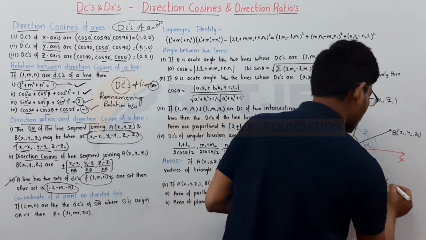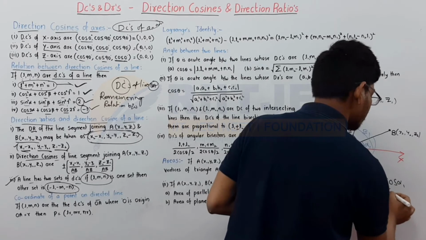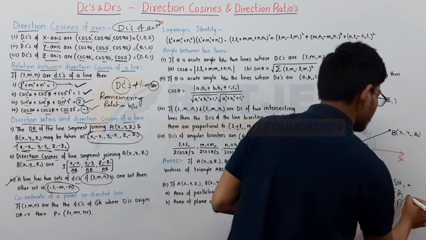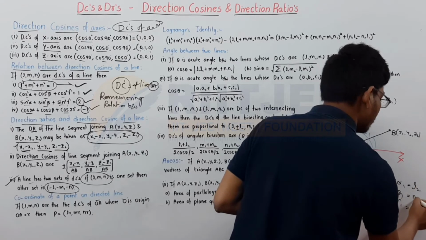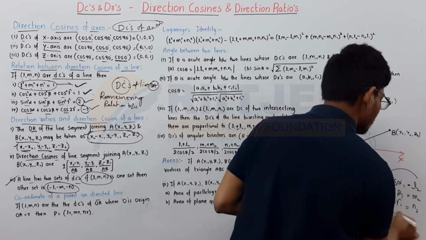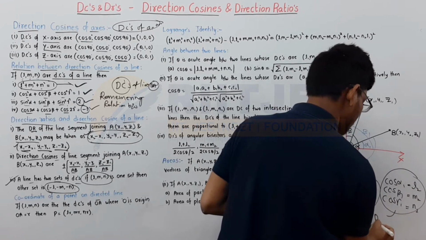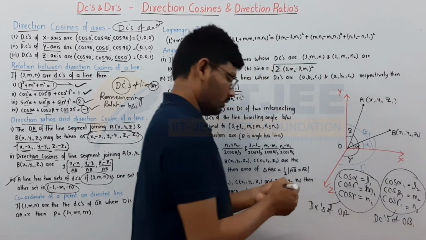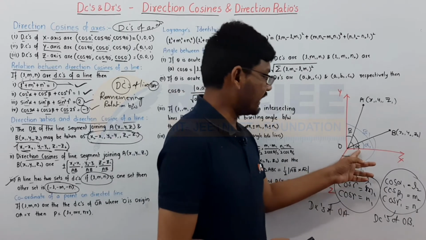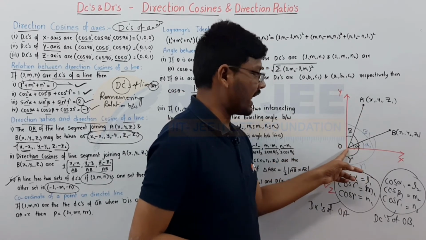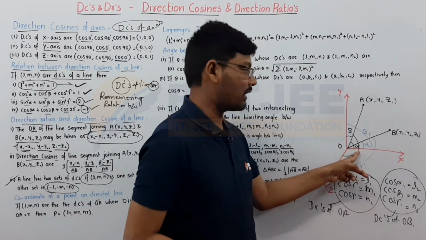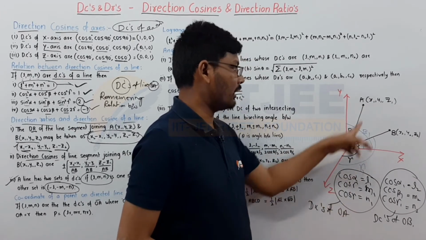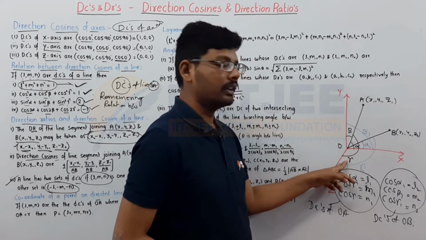The OA line makes angle alpha with the x axis, beta with the y axis, and gamma with the z axis.